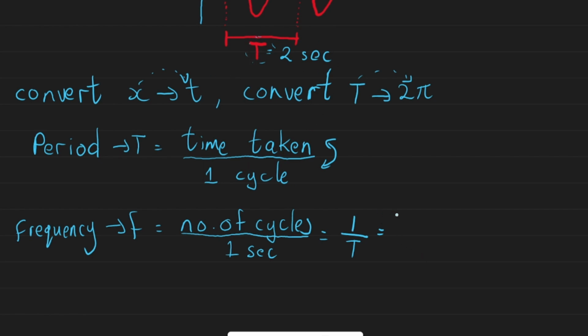We said 2 seconds, so it's 1 over 2, and that's a half, okay? So what we're saying is that we're completing half a cycle in 1 second. So this number of cycles in 1 second, it's actually the unit hertz. So this is 0.5 hertz. So hertz is just the unit given to cycles per second.